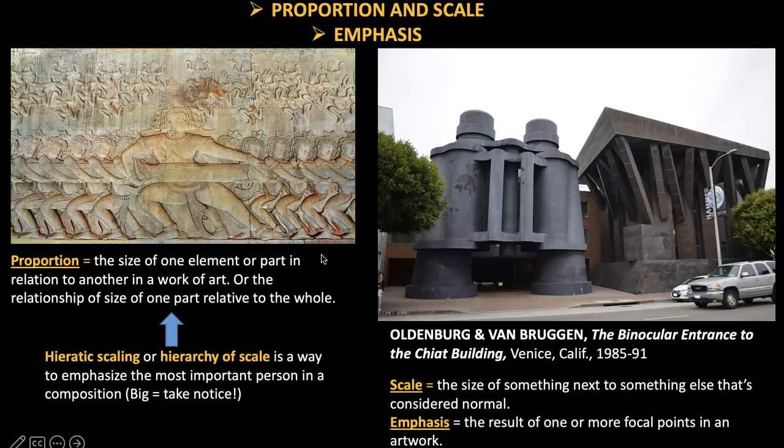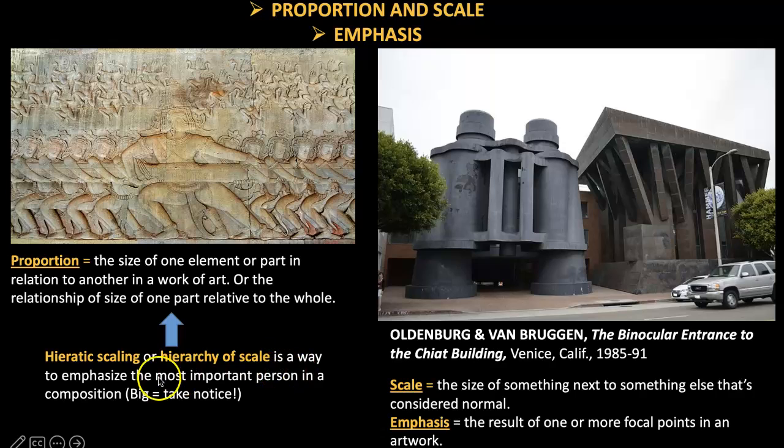Proportion and scale also comes to play when composition is being considered. Proportion is the size of one element or part in relation to another in a work of art, or the relationship of size of one part relative to the whole. So the larger figure here is an example of hierarchic scaling or hierarchy of scale.